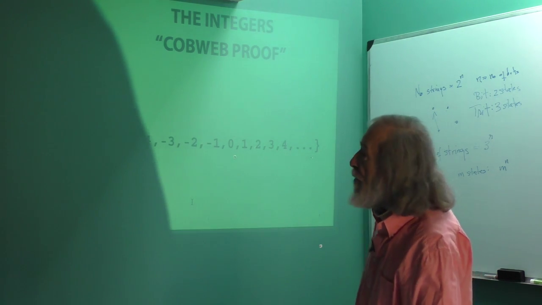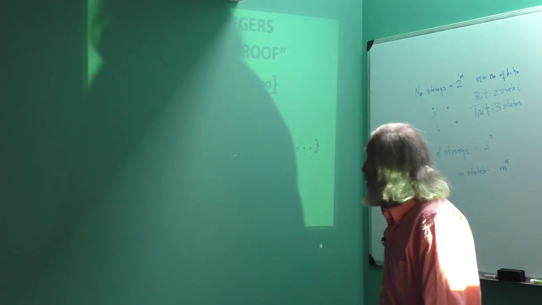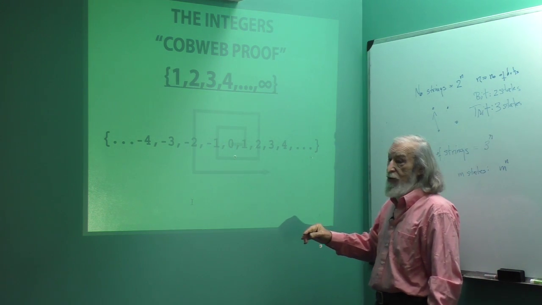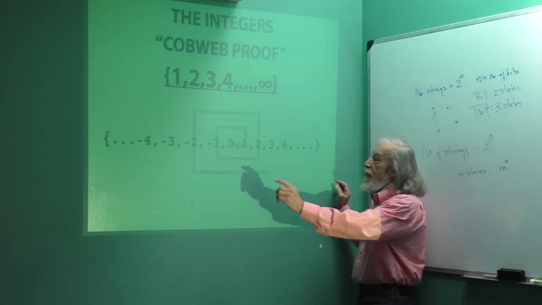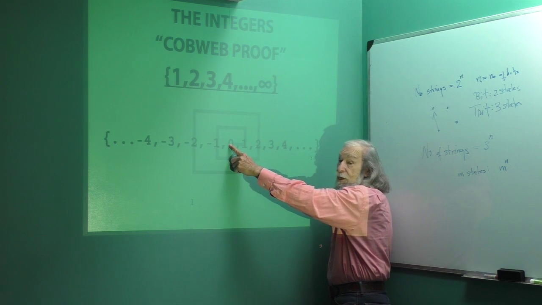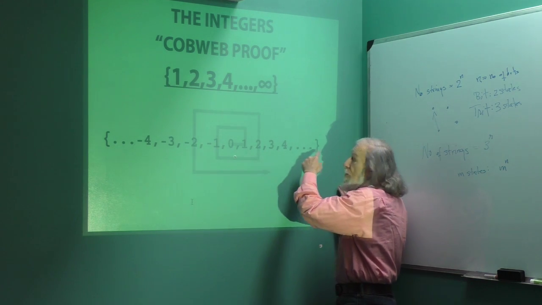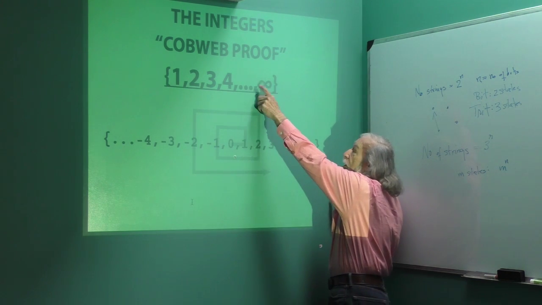I call it the cobweb proof. Can everybody see this? All right? So here's how you do this. Go to the 0 and start there. What we have to do is pair every one of these numbers with one of these guys.